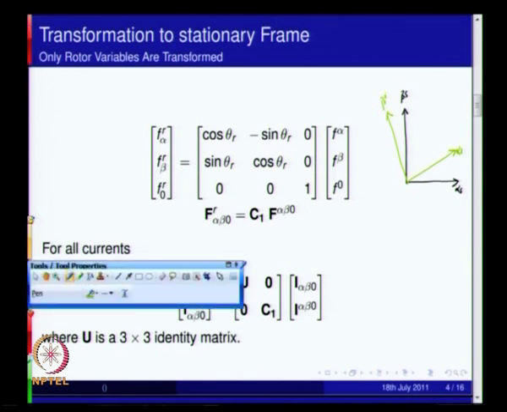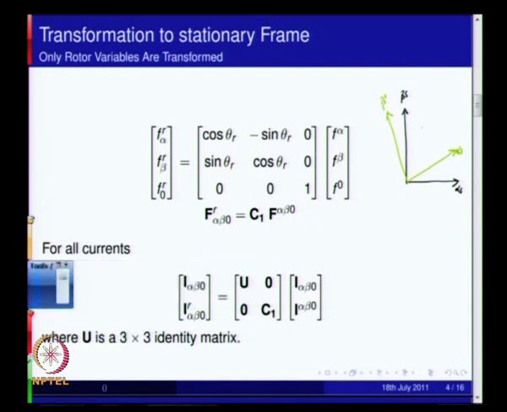Let us say that the rotor generates an MMF. The space phasor of MMF generated by the rotor is here. Now earlier this MMF was described by two components, one along the alpha r axis, another along the beta r axis.